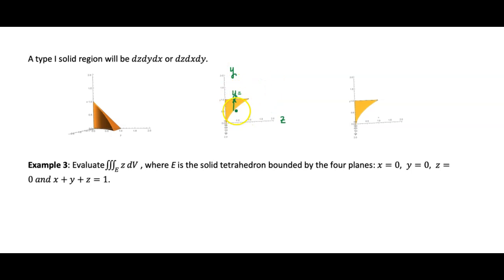What that tells me is that y is going to go from this function. So whatever this function is, it looks like the square root of x, but we're not sure. So y is going to go from this function of x to 1. X will then go from 0 to 1.